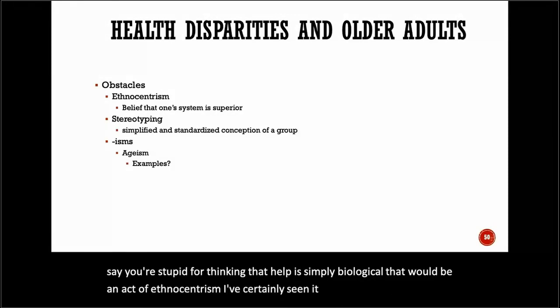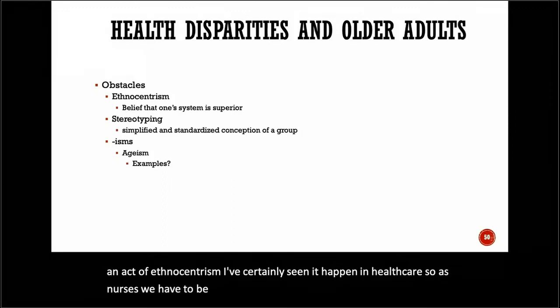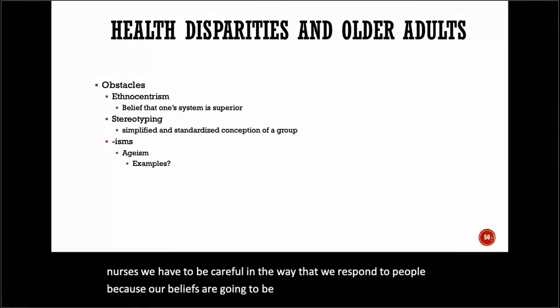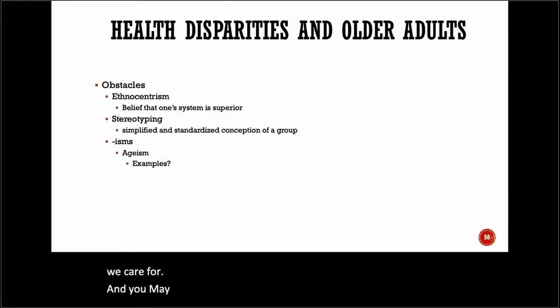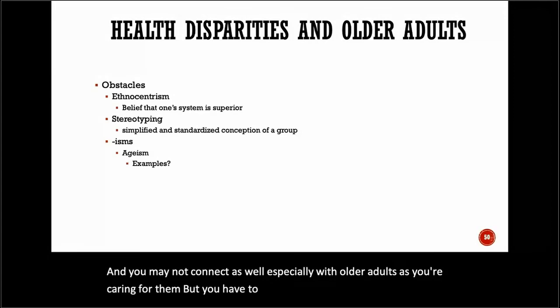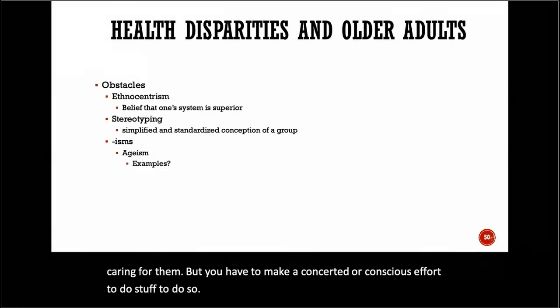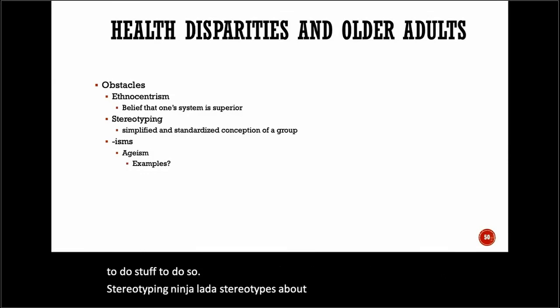As nurses, we have to be careful in the way that we respond to people, because our beliefs are going to be different than a lot of people that we care for, and you may not connect as well, especially with older adults, but you have to make a concerted, conscious effort to do so. Stereotyping: there are a lot of stereotypes about older adults, right? We should keep that in check.